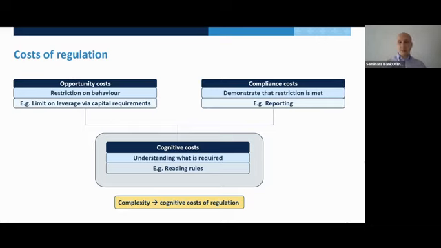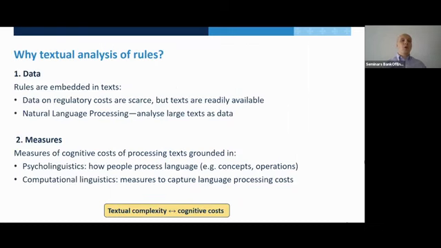We're going to talk about how complexity is related to cognitive costs of regulation. In order to do that, we conduct textual and network analysis of rules. Let me first talk about data.